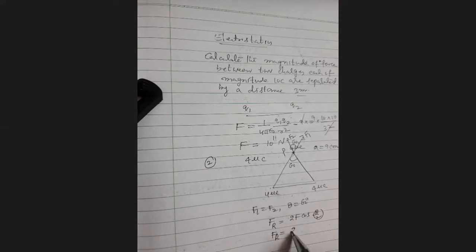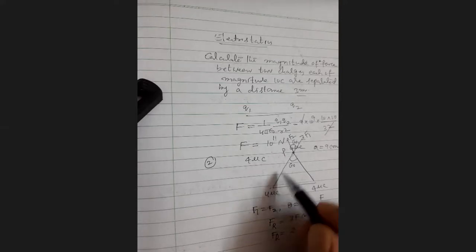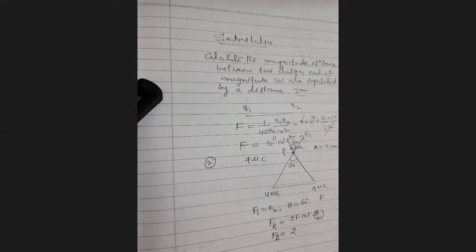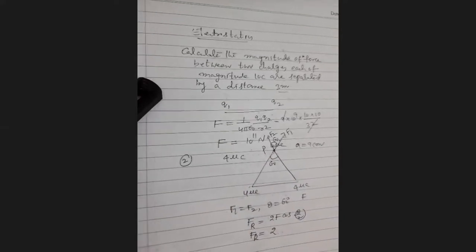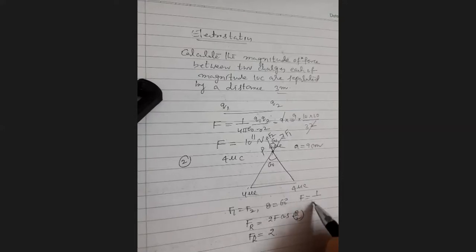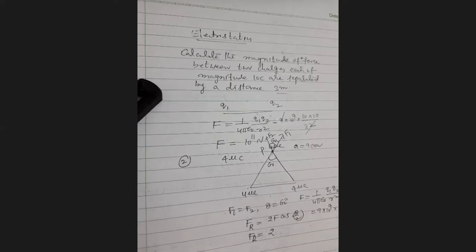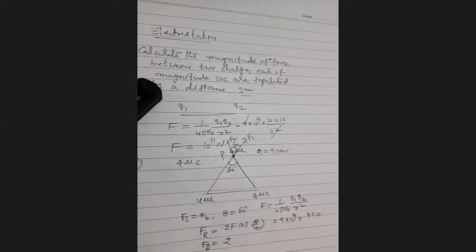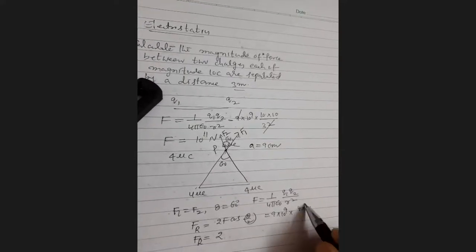What is F? Force between any two charges is equal to 1 by 4 pi epsilon naught Q1 Q2 by R square. From that, 9 into 10 power 9, Q1, Q2, 4 microcoulomb, 4 microcoulomb, 4 into 4 is 16, 10 power minus 6 into 10 power minus 6, 10 power minus 12, by R square.